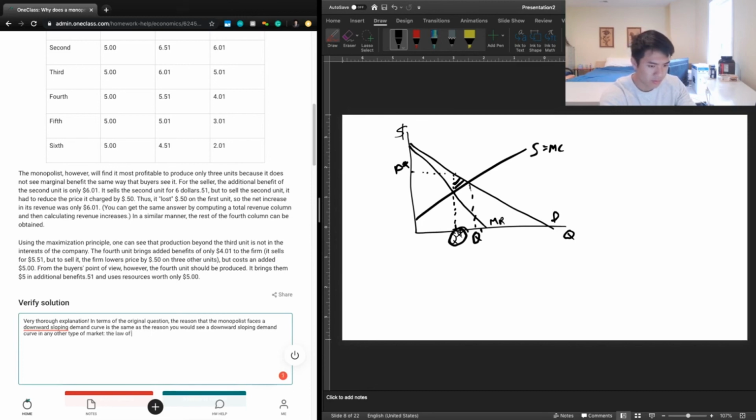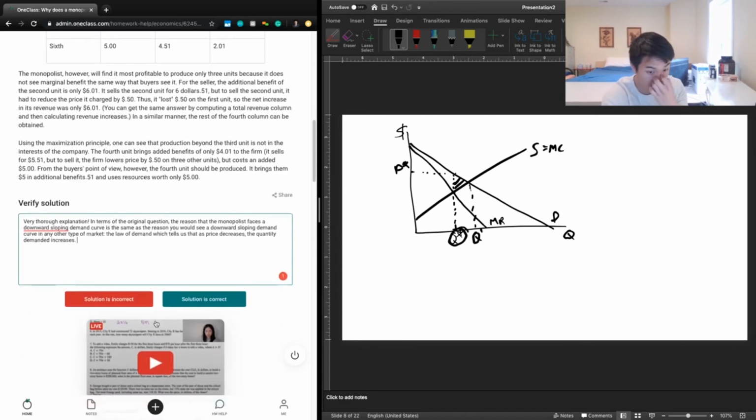The law of demand tells us that as price decreases, the quantity demanded increases. So that's going to be our final addendum to this question, and otherwise the solution is correct.